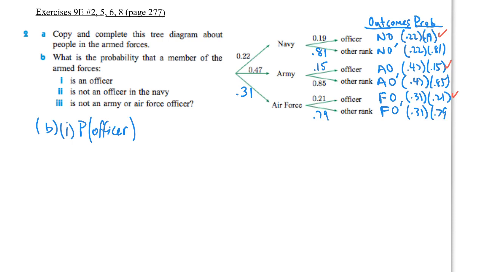So when we use the different branches of the tree, we're going to add, but when we find the probabilities on the branches, we're going to multiply. So this expands out to the probability that someone's in the Navy and is an officer, or someone's in the Army and an officer, or someone's in the Air Force and is an officer. So we already wrote those down, and now all we have to do is put them here and add them up.